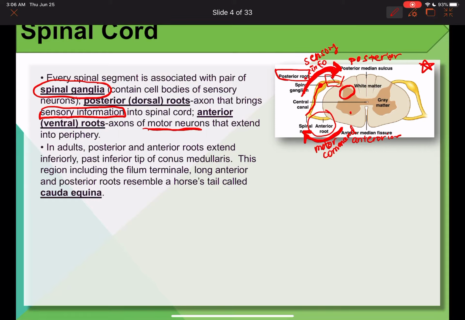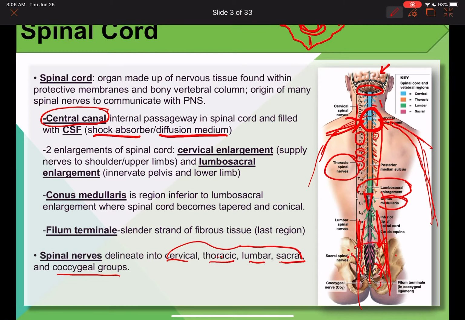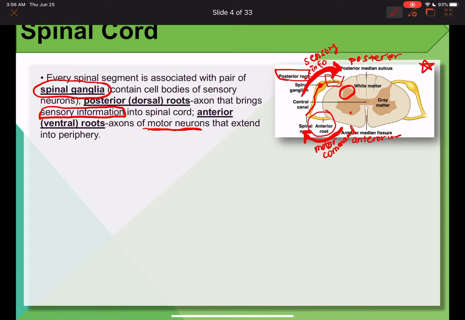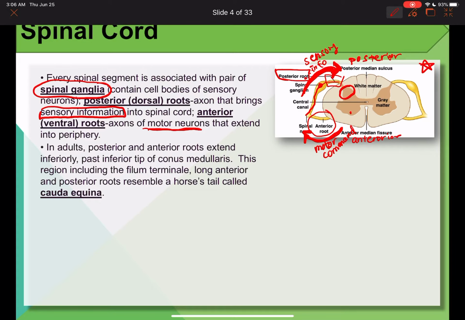If you look up cauda equina, a lot of times the textbook will describe it as looking like a horse tail. So if we go back to that previous picture, the cauda equina is this region right here. It looks like that horse tail that starts to taper down into the filum terminale of the spinal cord. Okay, all right, so that's the cauda equina.